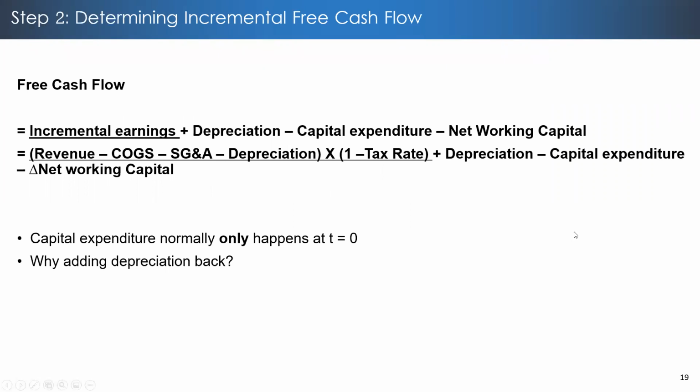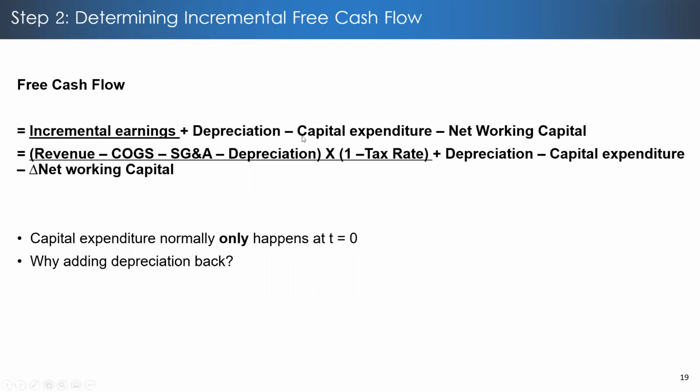Okay, so that's step one, to calculate incremental cash flows. And here's step two. After we calculate incremental cash flow, we can continue to calculate the free cash flows. The way to do that is we start with the incremental earnings we have, and we add depreciation back.